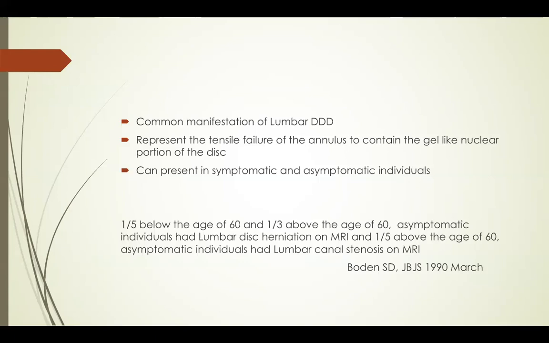If you look at lumbar canal stenosis, if more than 60 years of age, almost 20% of people have this lumbar canal stenosis, not disc herniation. So stenosis and disc herniations are also present in asymptomatic people. So you have to be careful whether what you find is actually symptomatic or not, by the patient's examinations and symptoms. Okay, so ask me any questions if you have in between.